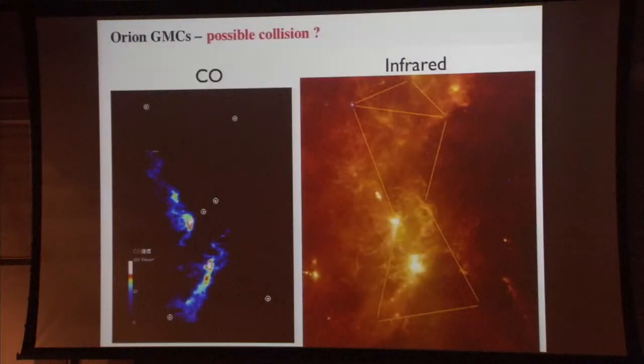Now here's what I consider a possible example of this, and I was thinking about it last night as I was trying to fall asleep. There's actually an observational test which could be done. Here are the two Orion GMCs. The curious thing is that one H2 region is here, an OB star formation region, another one here.